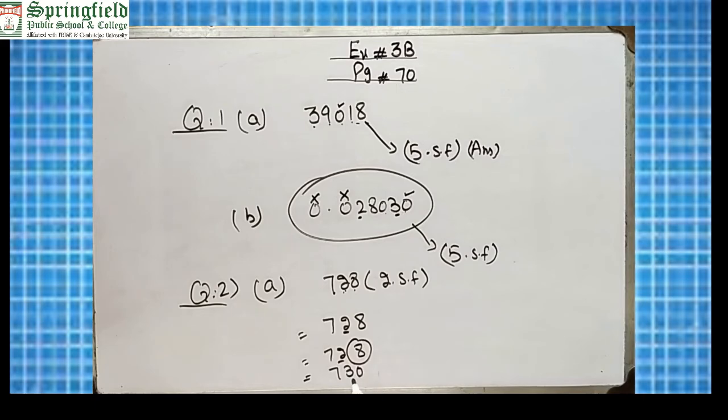So 7, 3, 0, this is your answer. The 0 is not significant because they are saying 2 significant figures, 7 and 3. These are the significant ones, but we will write 0 here according to the situation. Fine. And this is your answer. Understood better? Okay. Now come to part C.